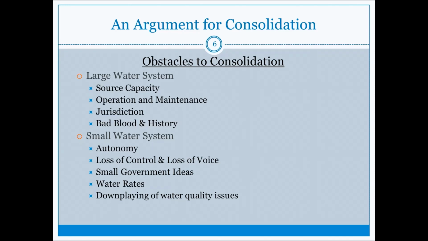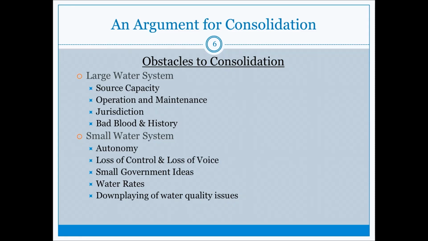There certainly is an increased operation and maintenance burden, I'll call it, though I think oftentimes that's overplayed. But having additional customers certainly increases the operation and maintenance for the existing staff of the large water system.